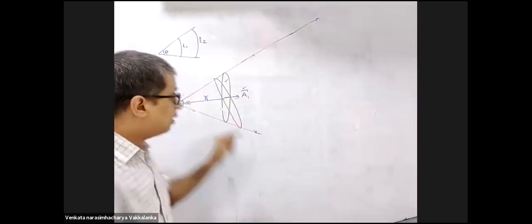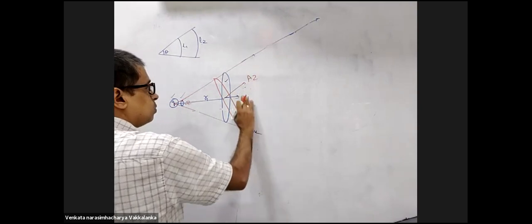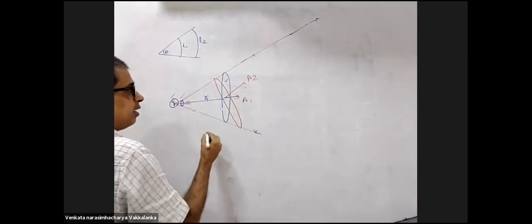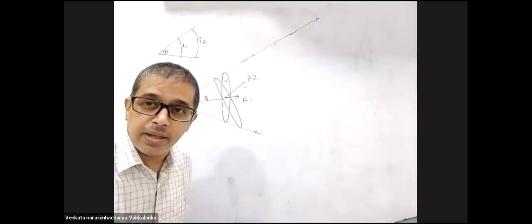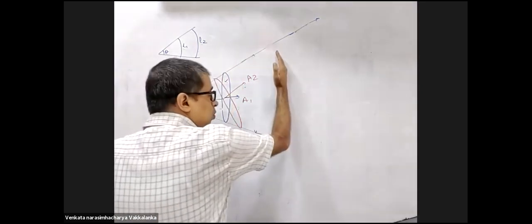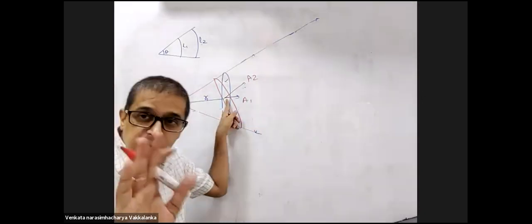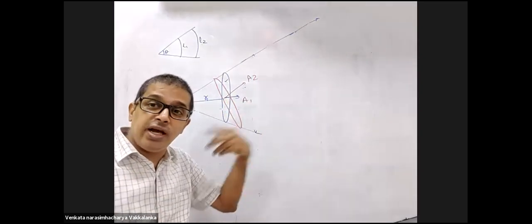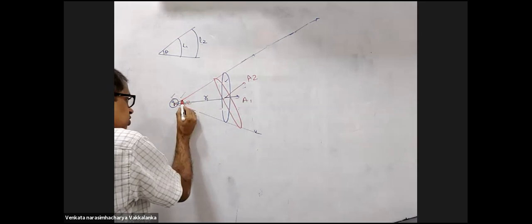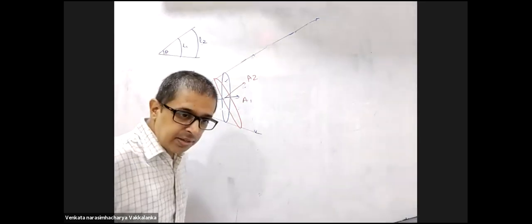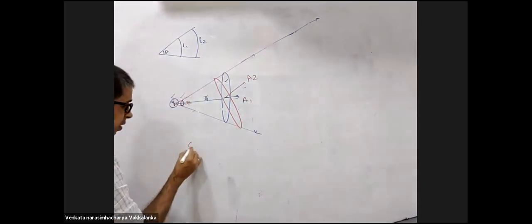The area has increased. Let me call this A2. But field here did not change. It is dependent on R1 only. When you went out, area increased, field decreased. Field did not decrease, but area increased. But don't you think this area also subtends the same solid angle? Yes, sir. So flux should be the same. How is that possible?